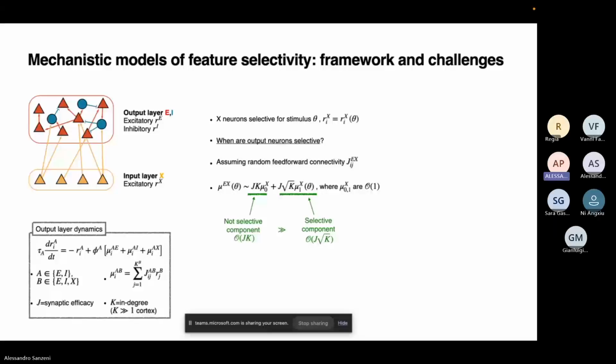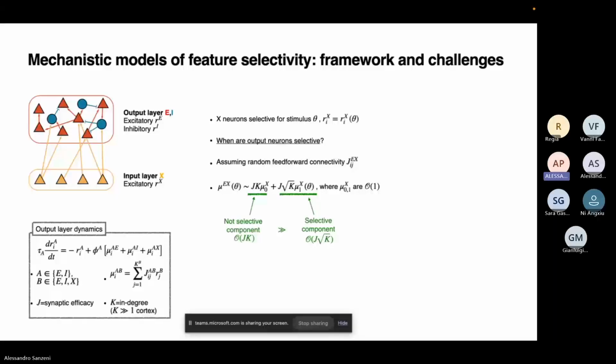A component that is not selective, so it is independent of the stimulus, and this is of order JK, and a component that is selective, so it depends on the stimulus, but is much smaller than the non-selective component, of order J square root of K. So in other words, if you take random projections, the inputs that this neuron receives will only weakly depend on the stimulus itself. So it's not trivial to develop selectivity in this situation.